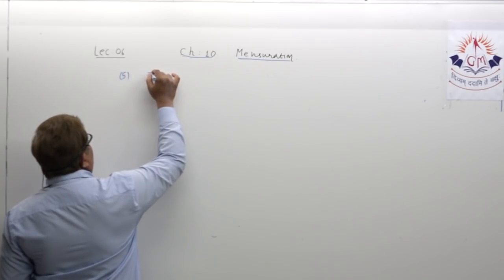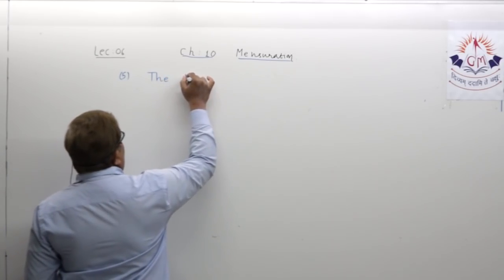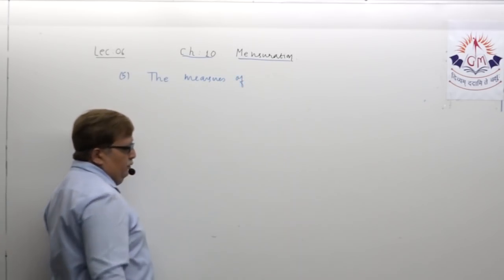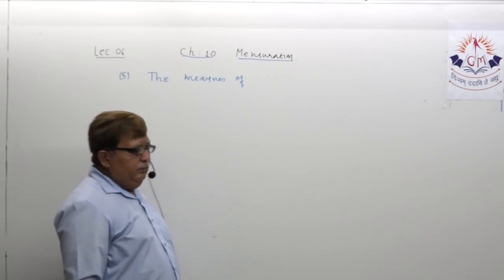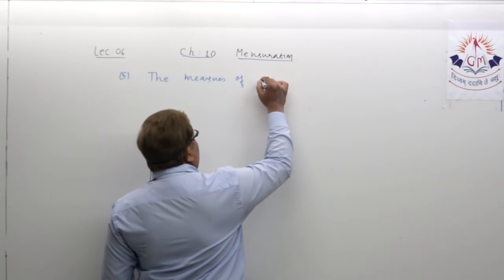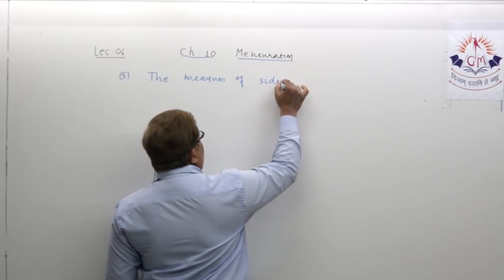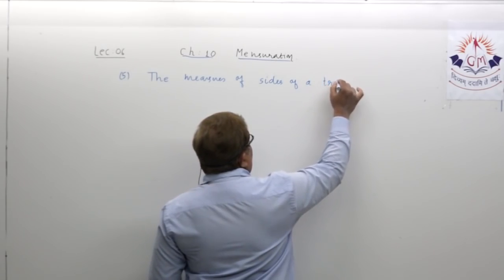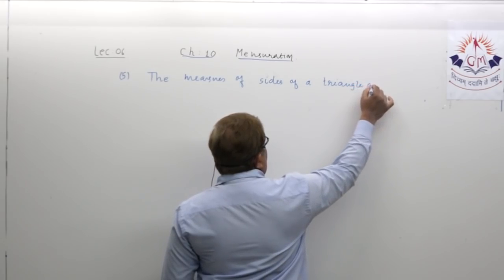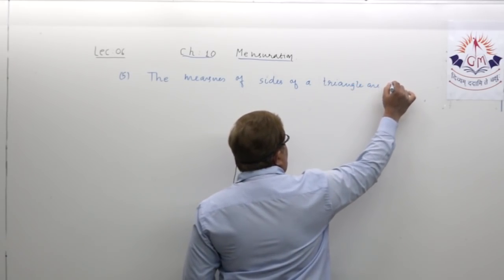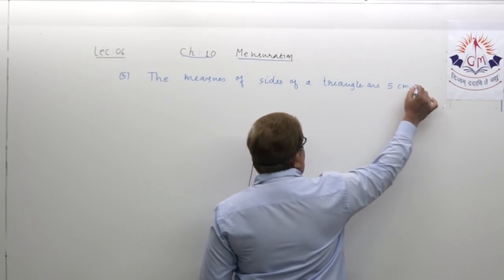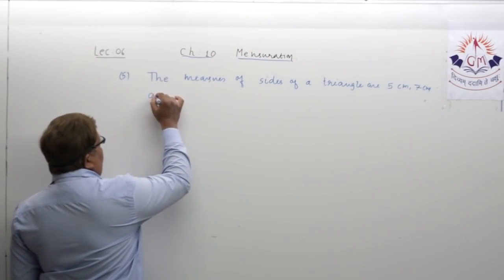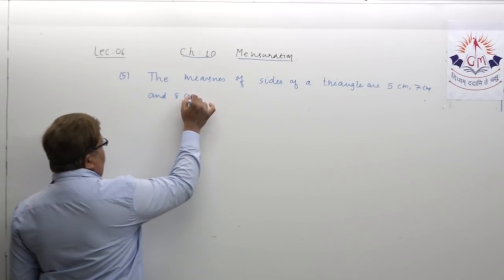The measures of sides of a triangle are 5 centimeter, 7 centimeter and 8 centimeter.